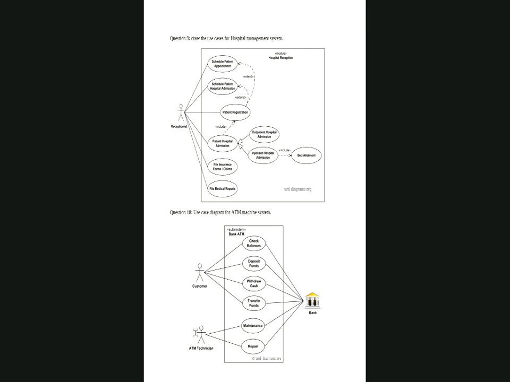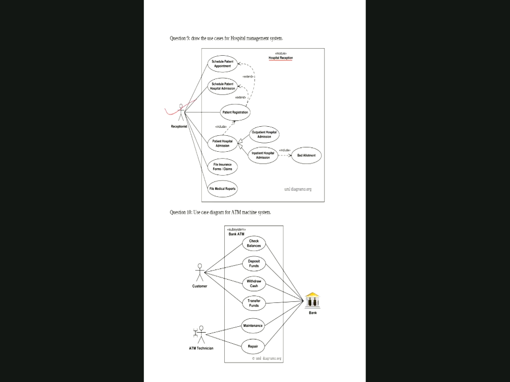See, in the hospital management system, you again have a system, and the name of the system is hospital reception. So you are not writing for the whole hospital, only hospital reception. Because for the whole hospital the use case will become very complex and large. So we are seeing it only for hospital reception. It means we are seeing the hospital from the receptionist's point of view only. That's why I have only one actor, the receptionist.